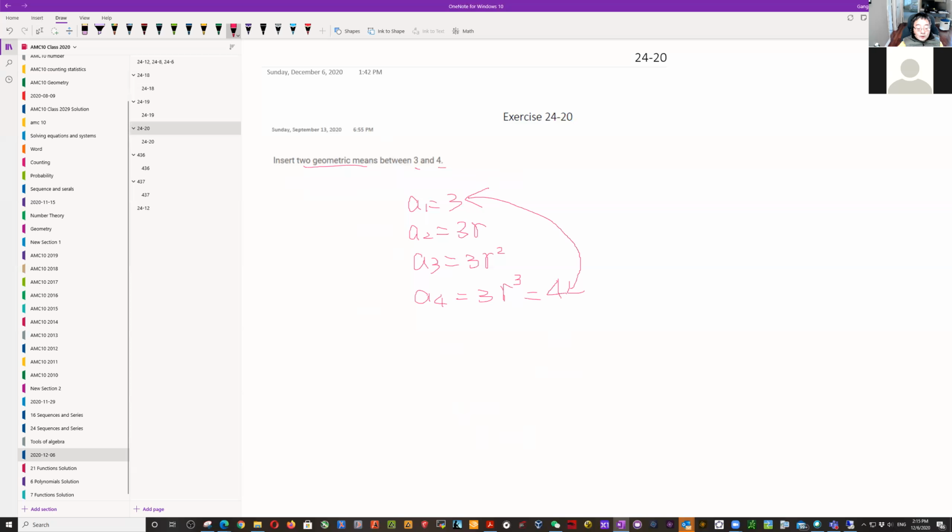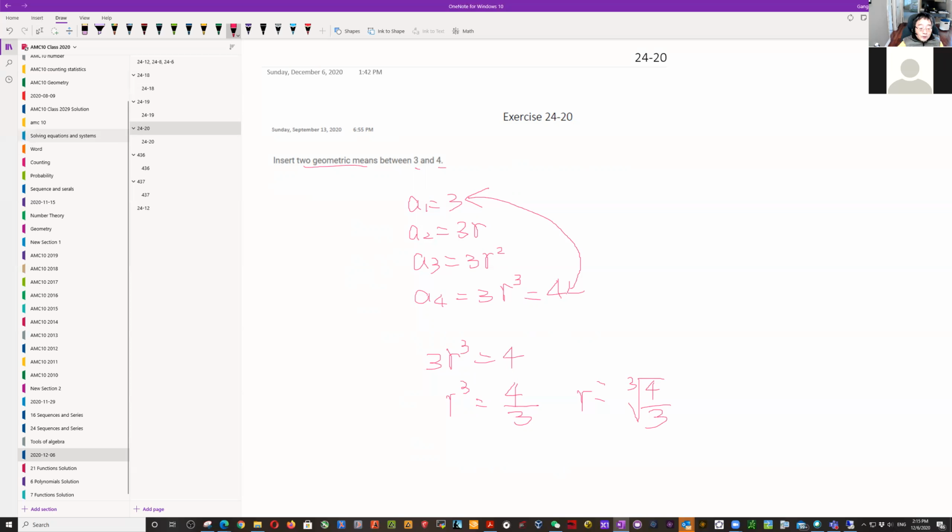We need to stuff in two geometric means, so it has to be arranged this way. So 3r cubed equals 4, then r cubed equals 4 over 3, and r equals the cube root of 4/3. So that's the common ratio.